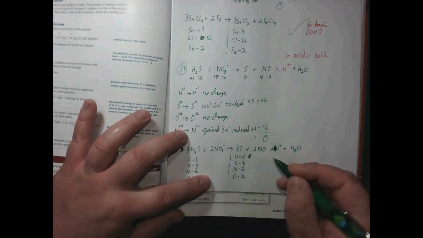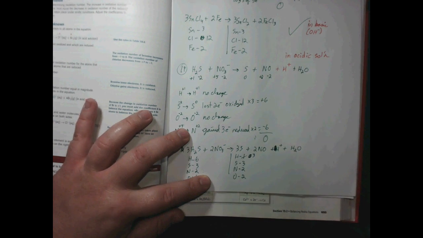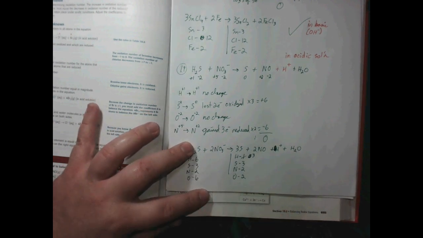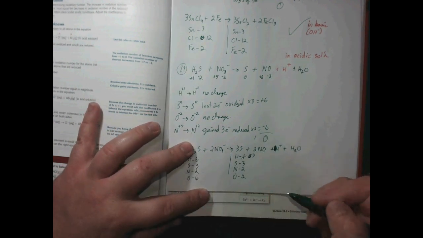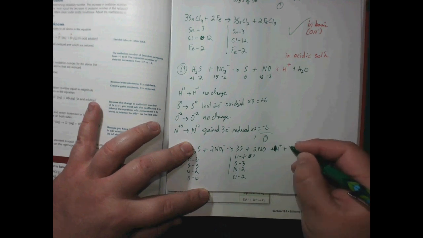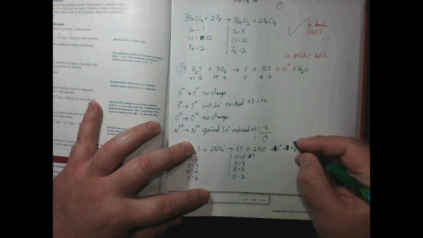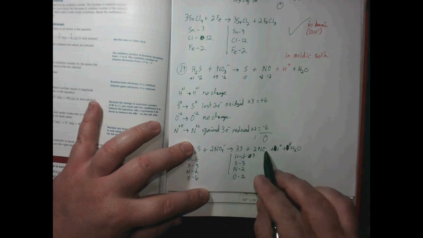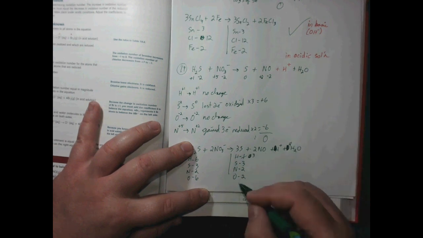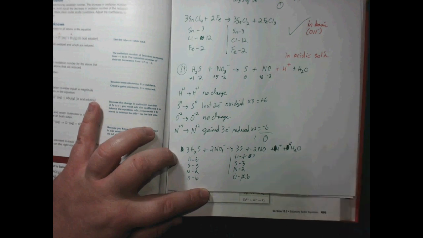So I have 3 hydrogens to start with. I need 6 oxygens. 2 are coming from here and 1's coming from here. That means I need 3, no, excuse me, 4. 2 plus 4, 6. Okay? And that means I need 8.